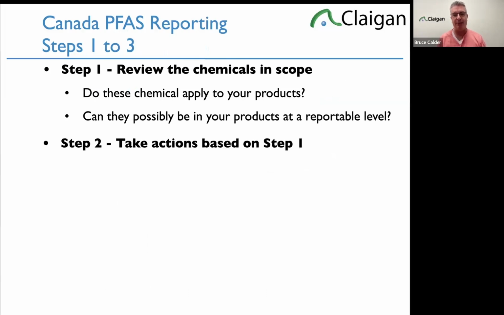Step 2, you take actions based on the results of step 1. Say they have textiles, high volume electronics, outdoor furniture, and frying pans. Awesome, here are the actions to take. Electronics have a little more than everything else, but depending on the volume of electronics, they have more or less to do. Lower the volume, there are fewer things we're concerned about, or the answer is easier and easier.